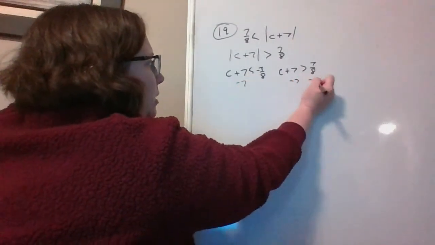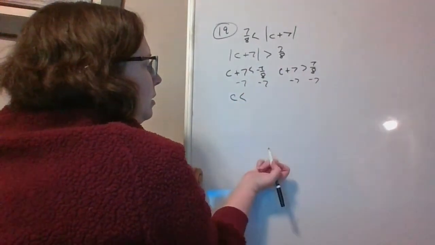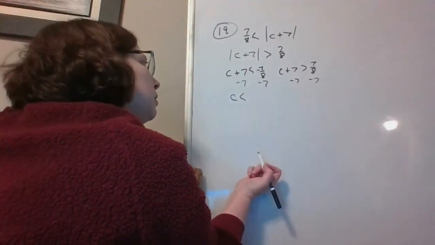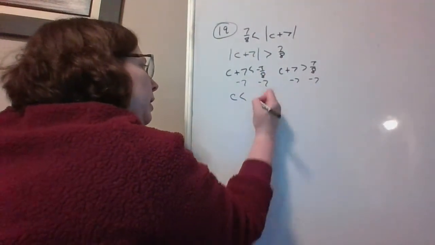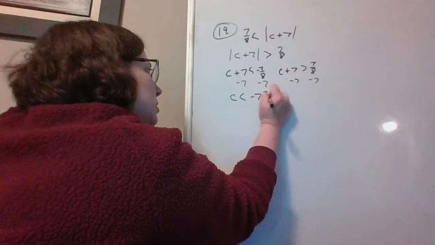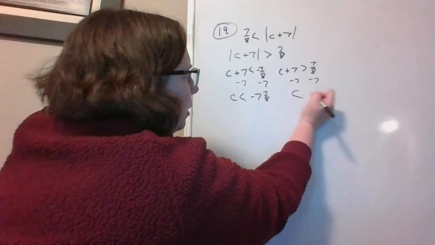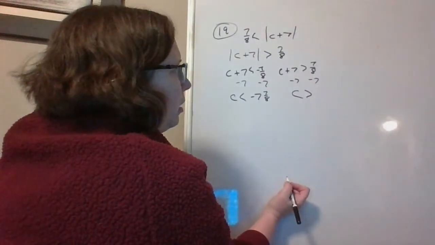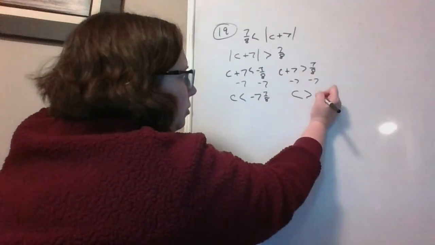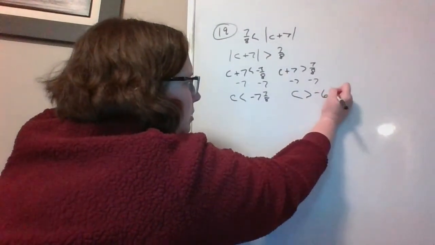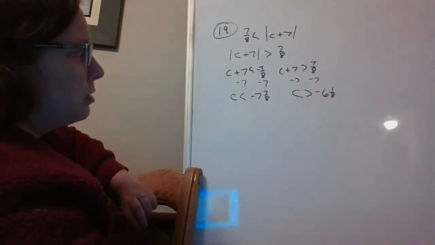I'm going to subtract 7 everywhere and get C is less than, we have 2 negatives, so we're going to add, so it'd be negative 7 and 7/8. And on this side, I get C is greater than, and I have a positive and a negative, so I would really subtract and say negative 6 and 1/8.